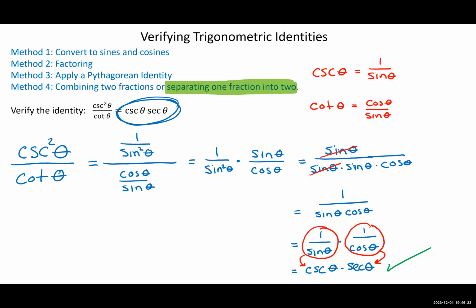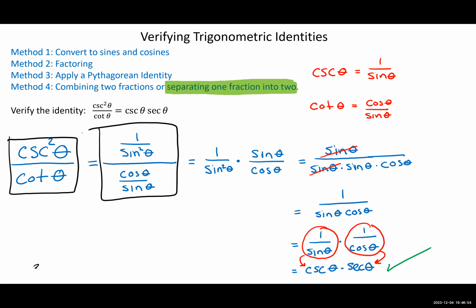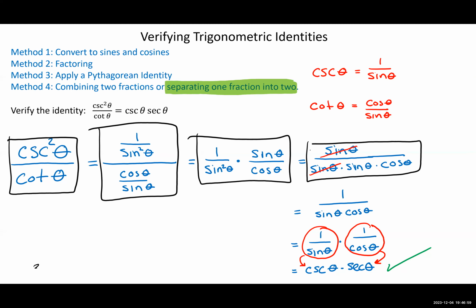And so that completes the verification, or the proof, that this is indeed an identity. We said the left-hand side of the original equation is equal to this, which is in turn equal to this, which is then equal to this, which is then equal to this, which is then equal to this, which is finally equal to this.